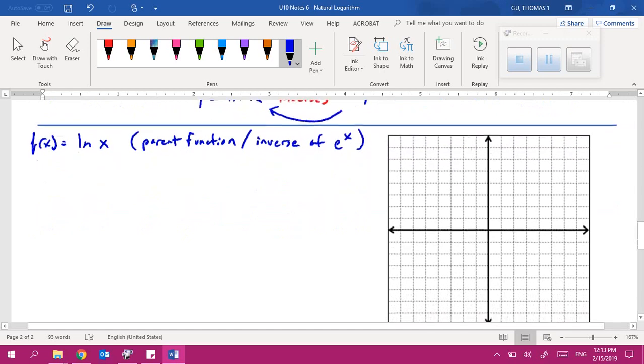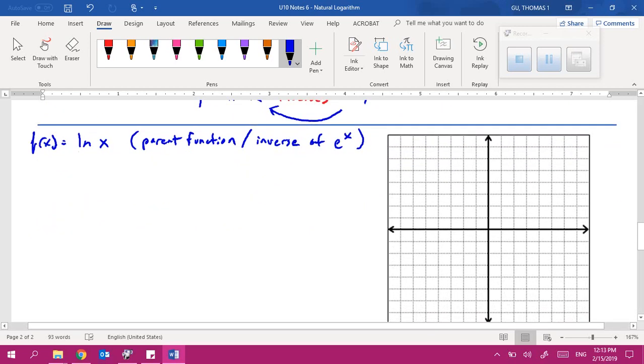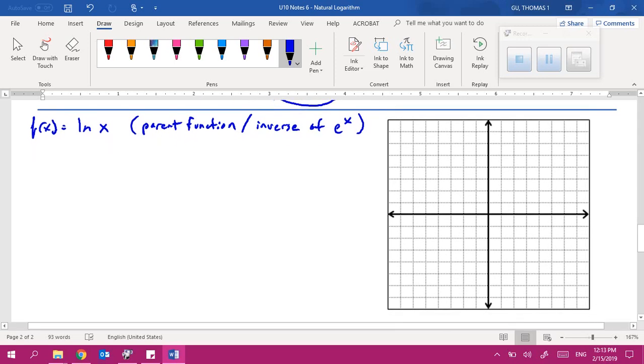So, if you know that ln of x is the inverse of e to the x, how would we graph ln of x? What do you think you would do to find some points? That's right. We can find the table, the points for e to the x, and then take the inverse, because ln of x is the inverse of e to the x.